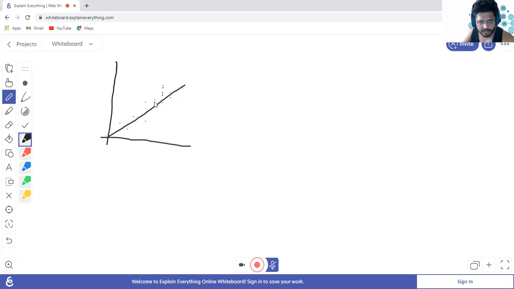So this difference in the y value, the squared sum of the differences, will be least for this line. This difference is sometimes called residuals.